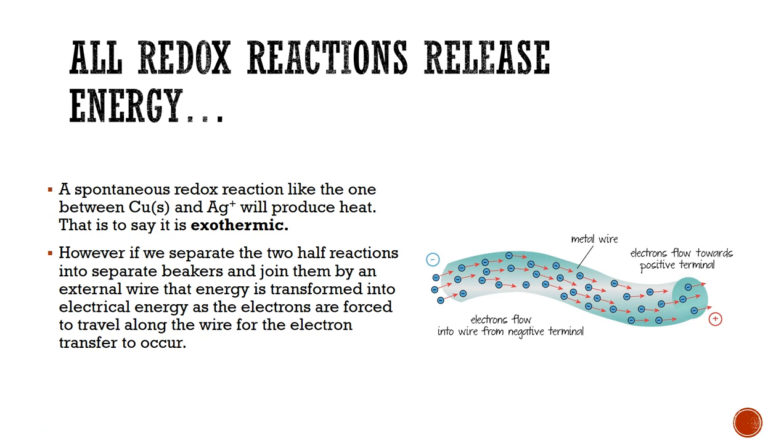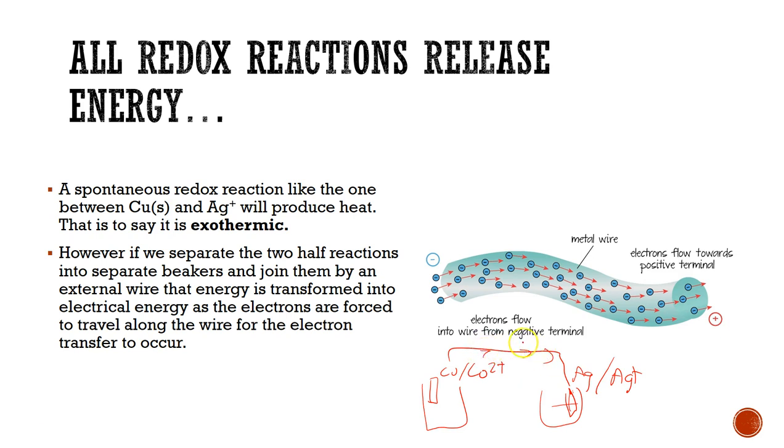But if we separate the 2 half cells, so that the copper and the silver would not be in contact, and then connect these by a wire, that electron transfer still wants to occur, but the electrons have to travel along the wire in order for that to happen.